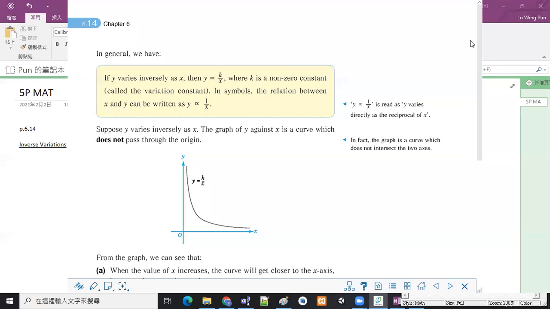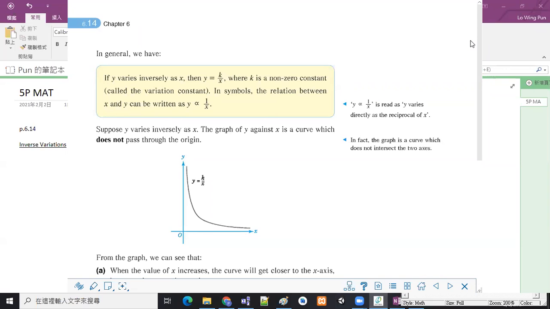And today we are going to learn the second type of variation. In the past few days, we were learning the direct variation. When x increases, y will increase accordingly.